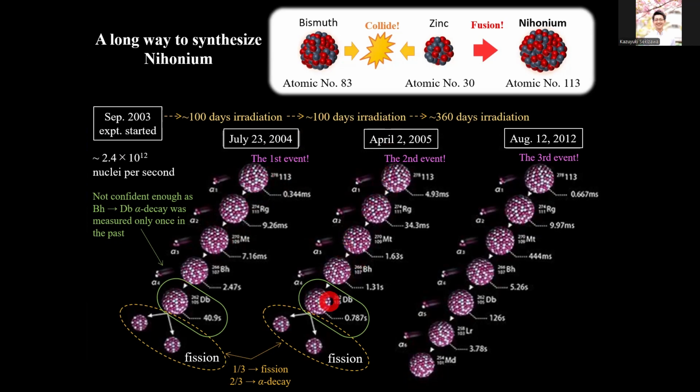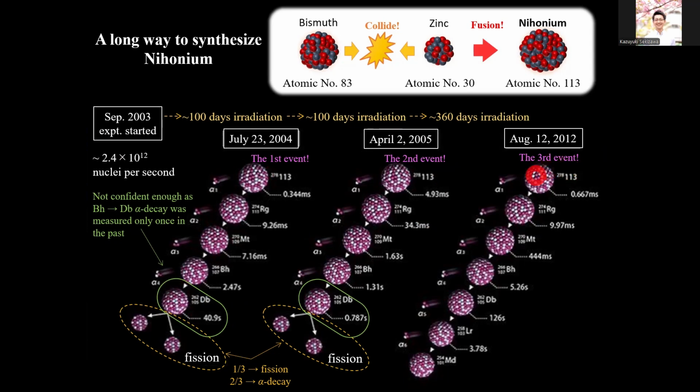But those two events were not enough to show the successful production of element 113, because the final product decays through fission, which was a minor decay process, and that was not enough to show the evidence. So they continued the experiment, but it took about 7 years.